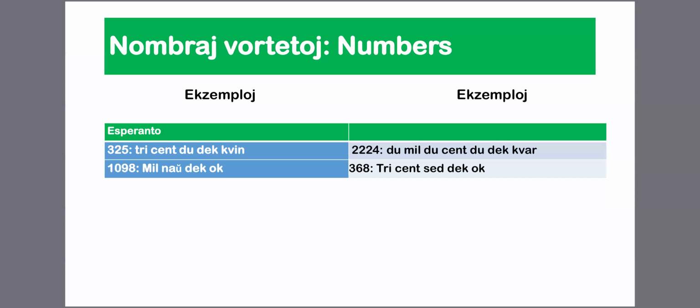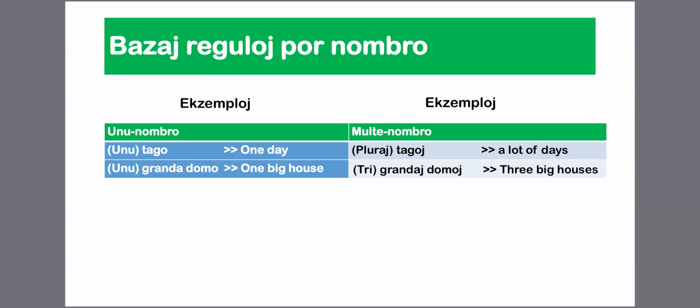I have also 1,098. It's mil naŭ dek ok. 2,224: 2,000 du mil, du cent, du dek kvar. 368: tri cent ses dek ok. This is how we all can read numbers.